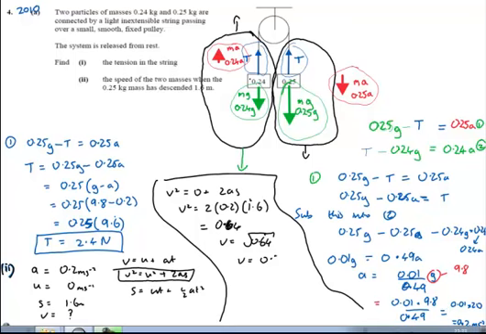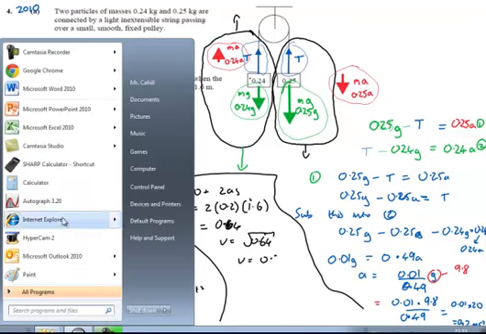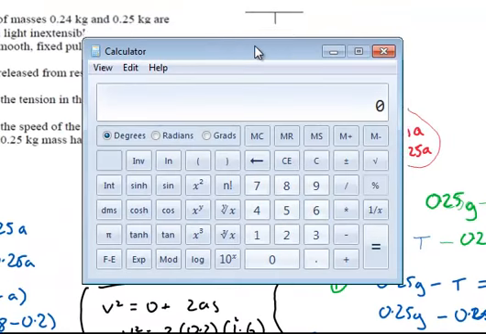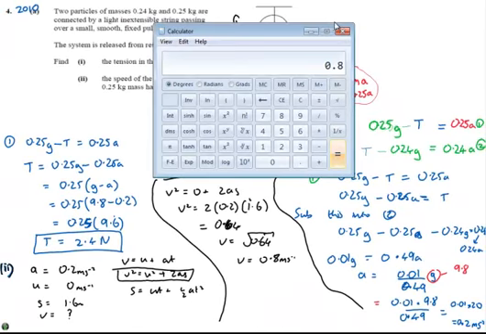I'll just double check it; I should know that offhand. 0.64 to the power of a half is equal to 0.8. That's what I thought it was, but I just wasn't sure. Okay, so that's our sum done.